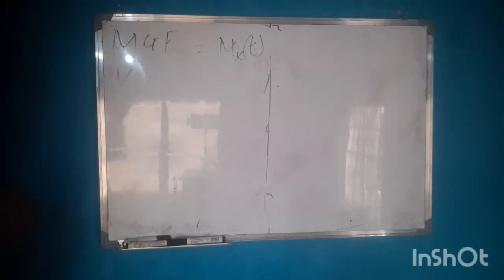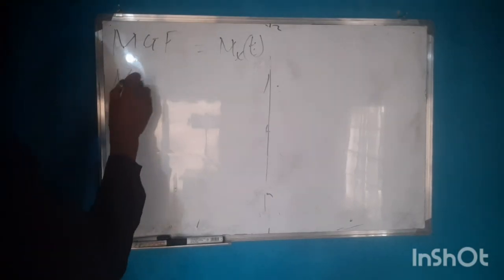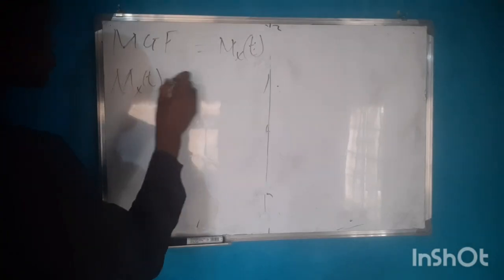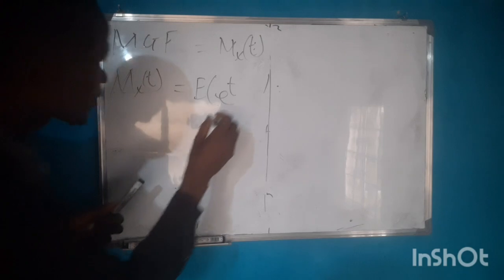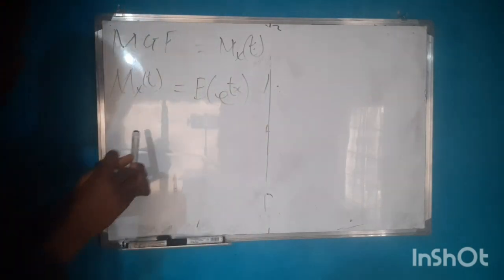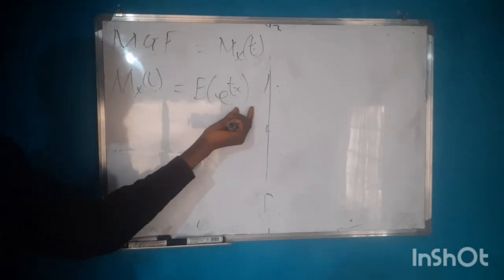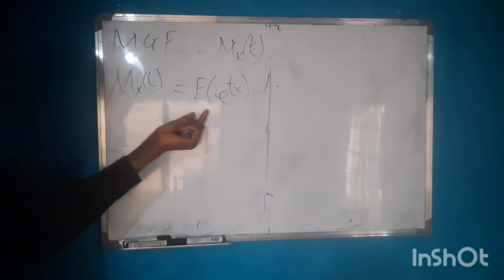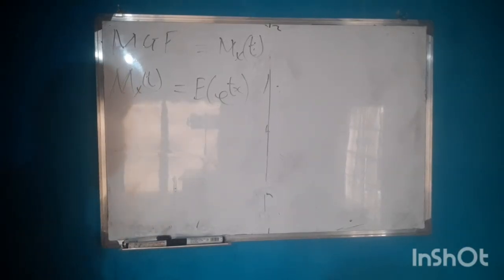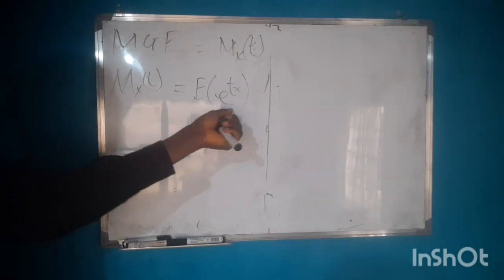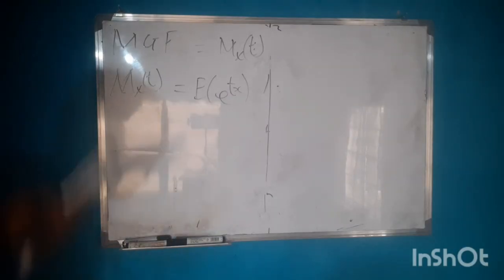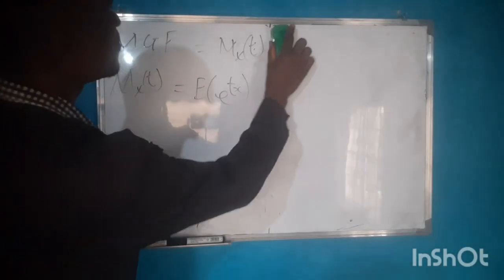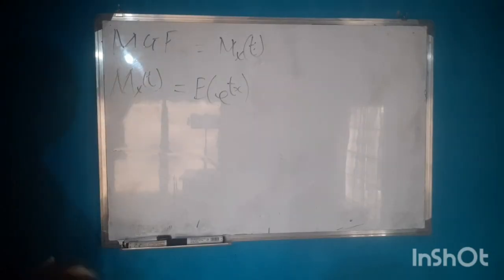It is defined as M_X of t to be the expected value of exponential tx. This is how we define the moment generating function of any distribution. It is defined as the expected value of exponential tx, where t is a real number.